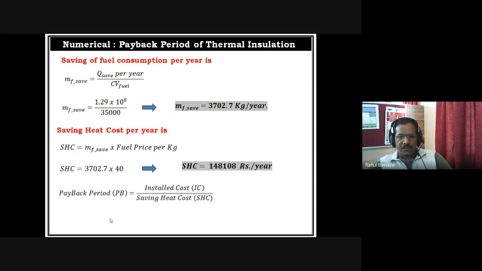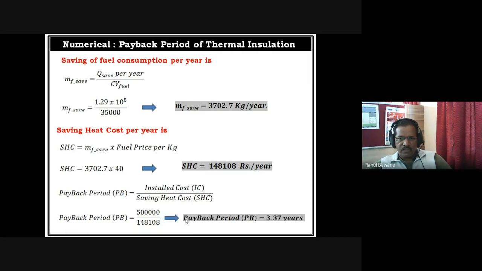Now for the payback period, we have to divide total installation cost by saving heat cost. So our saving heat cost has its value, and total installation cost they provided is 5 lakh. So 5 lakh divided by 148,108. After calculating we come to know that payback period is 3.37 years.